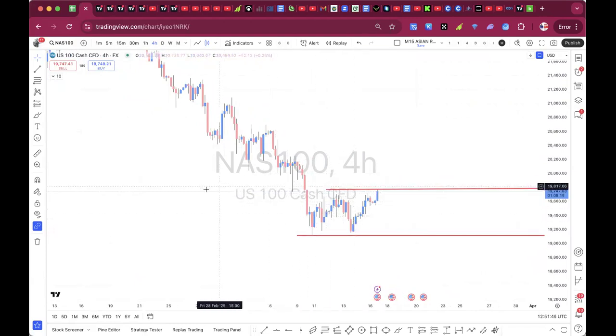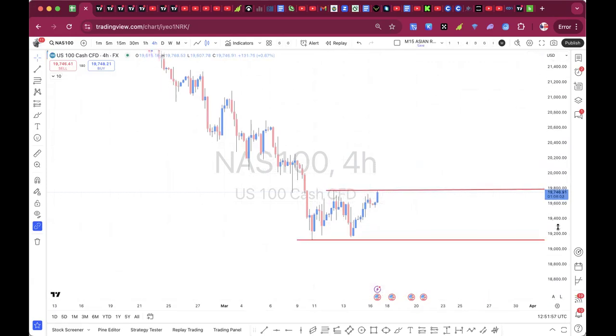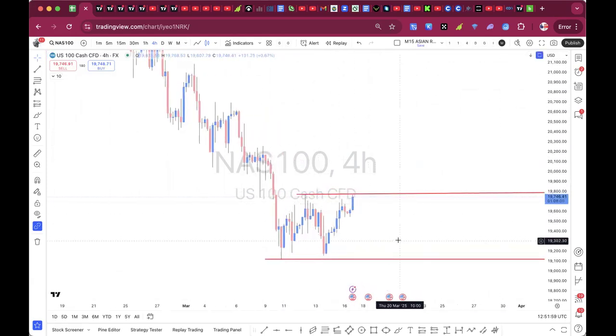If I extend it down here, you're going to see some touch points. What I expect this market to do is either get to this point, get rejected and pull back. If it's going to pull back, the next point I'm going to look at is the closest area of support, which is going to form what we call a demand zone in 1 hour. So I'm going to mark another point here.